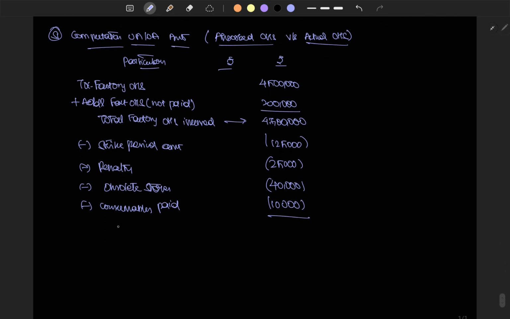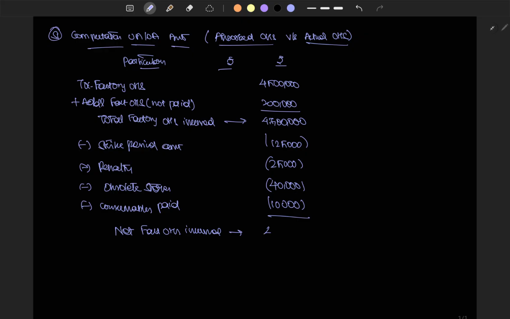So if we deduct every unrequired thing, we can easily find out the net factory overheads incurred. This is 45 lakhs plus 47 lakh minus 1,25,000 minus 25,000 minus 40,000 minus 10,000, which is 45 lakhs.